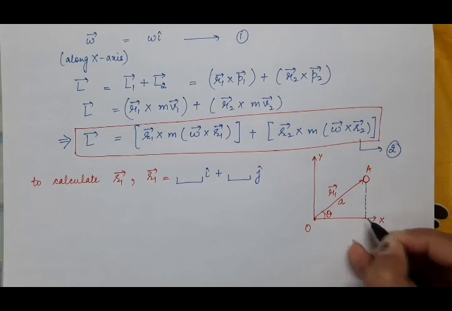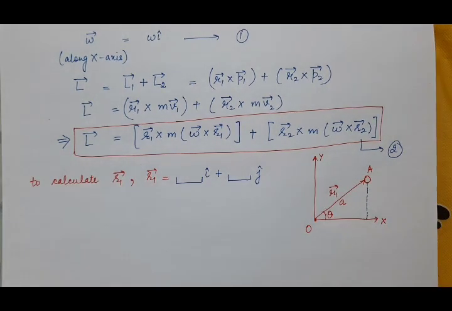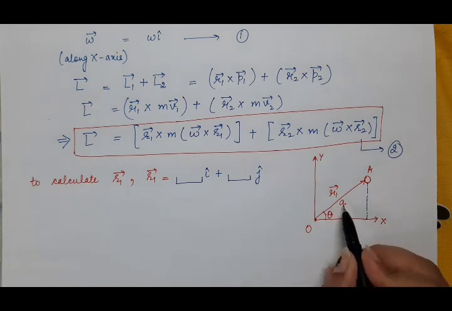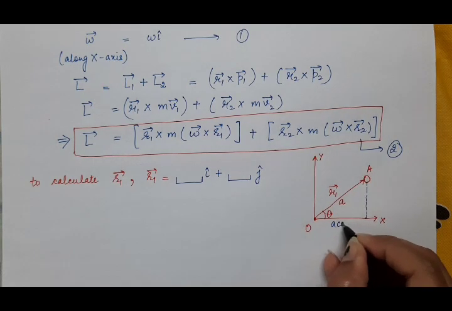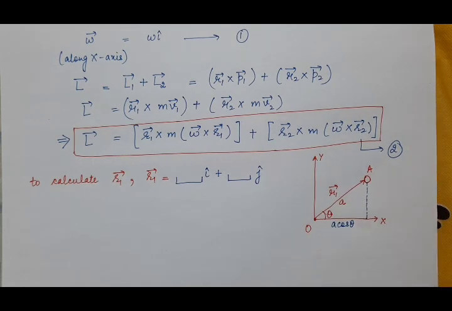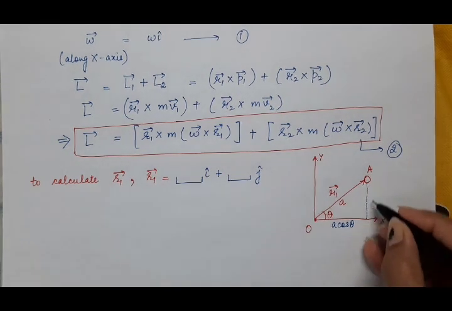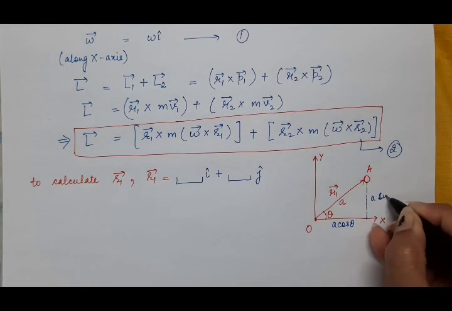We will find it by drawing a perpendicular over here, and the hypotenuse is a, then base will be a cos theta if theta is the angle between base and hypotenuse, and this perpendicular will be a sin theta.